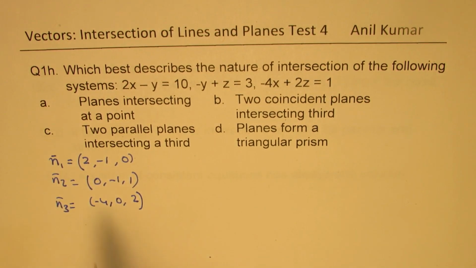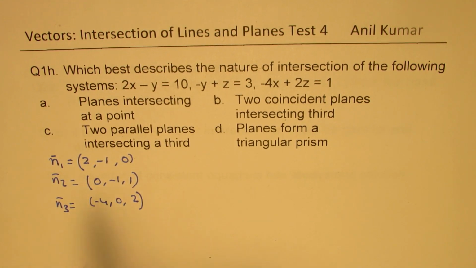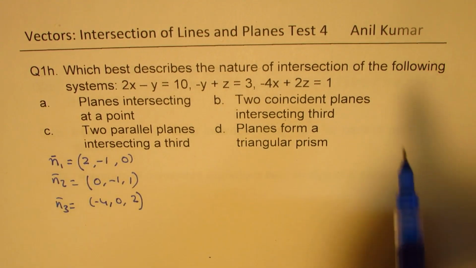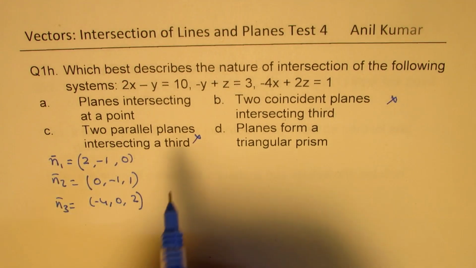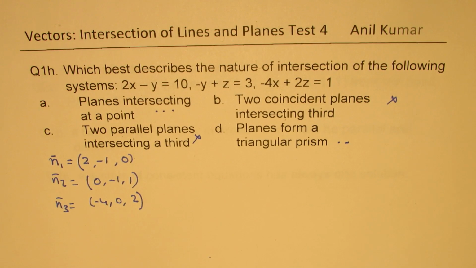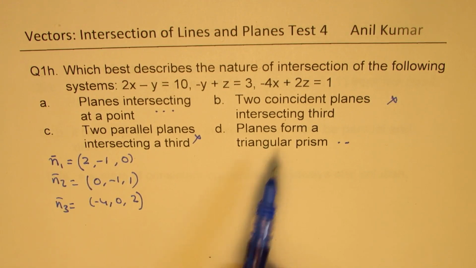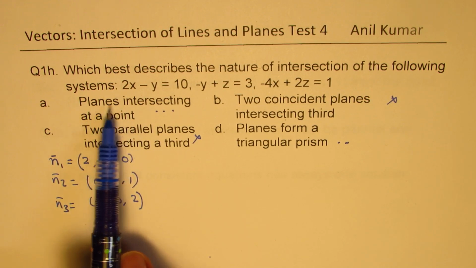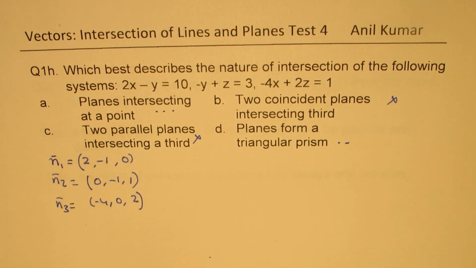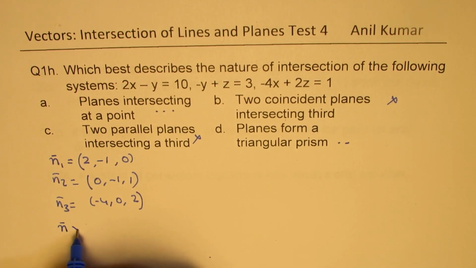Now if you look at these normals, they are not scalar multiples, so therefore these two options are incorrect. So one of these options could be correct for us. Now we need to figure out whether it is a case of a triangular prism or a case of point of intersection. One thing which separates them out is if you find the scalar triple product.